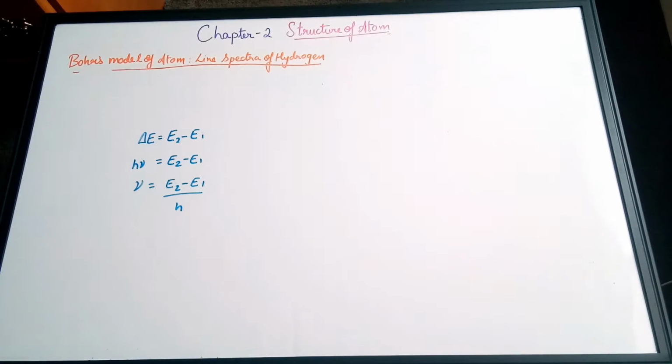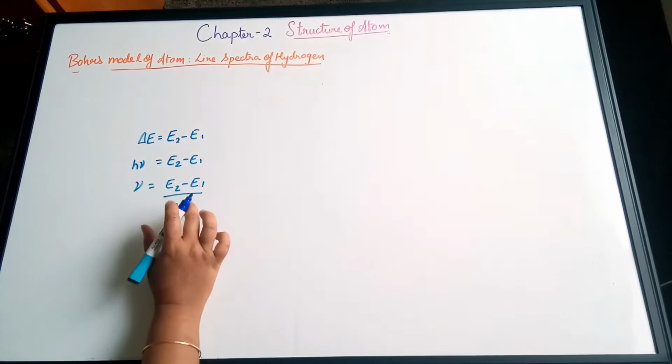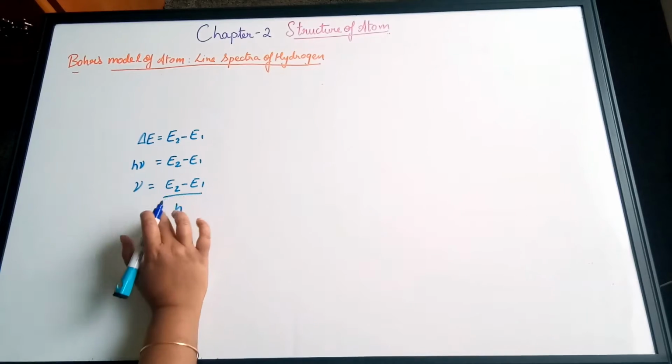And since E2 and E1, first of all, these two are also called stationary energies. As such, we know that the energy of the orbits is going to be constant. h, that is Planck's constant, is a constant. All these values in essence are constant.